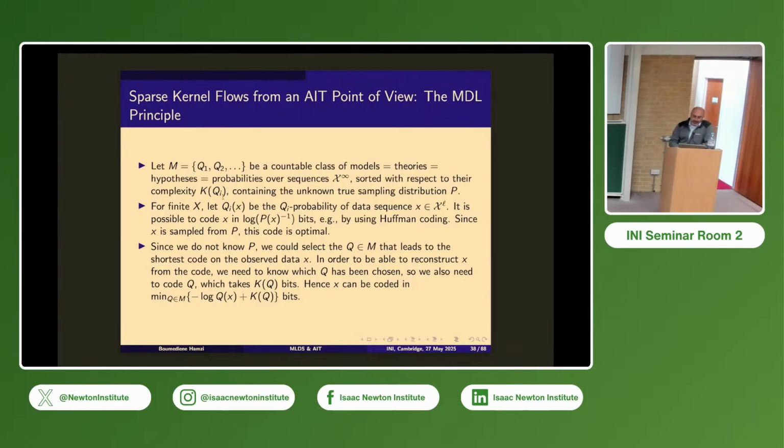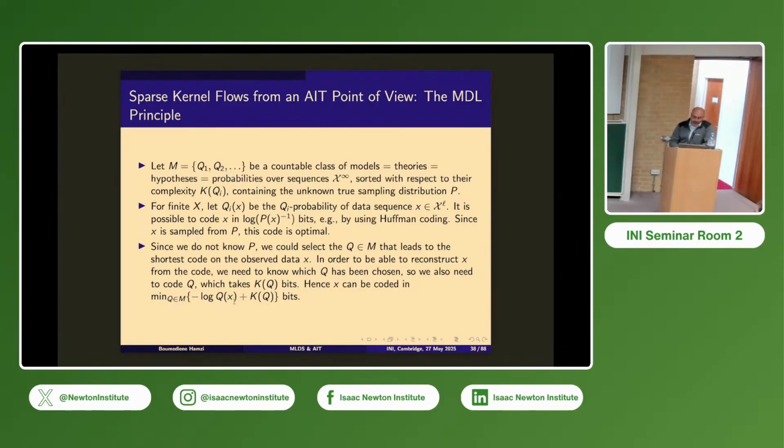So we have K(Q_i), which is the Kolmogorov complexity corresponding to whatever you know about your system. The MDL will be to take the model that minimizes minus log Q plus K(Q).